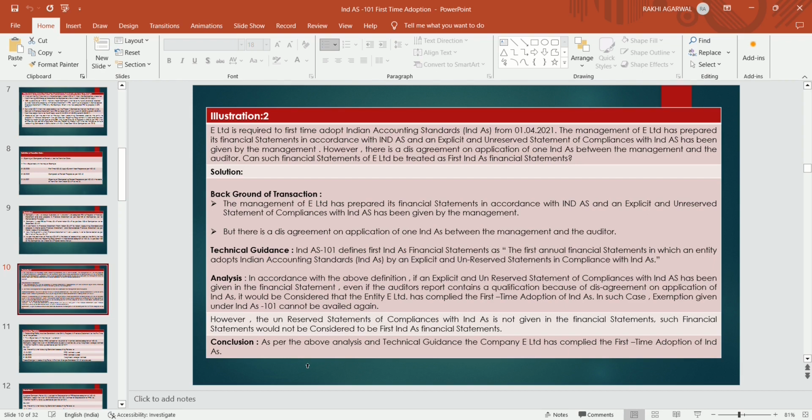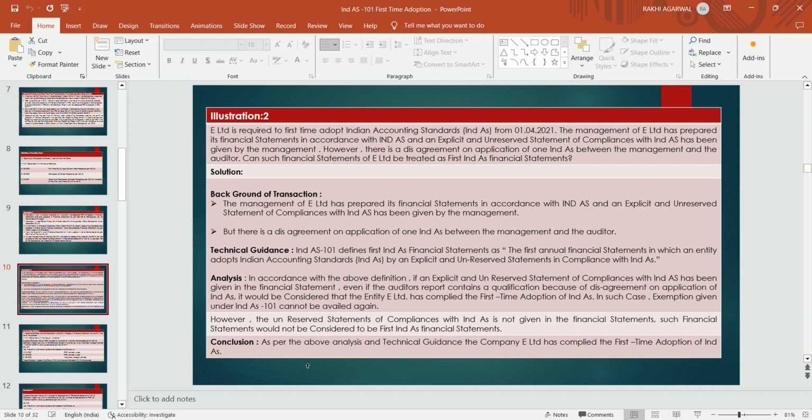IND-AS 101 defines first IND-AS financial statement as the first annual financial statement in which an entity adopts Indian accounting standards by an explicit and unreserved statement of compliance with IND-AS.